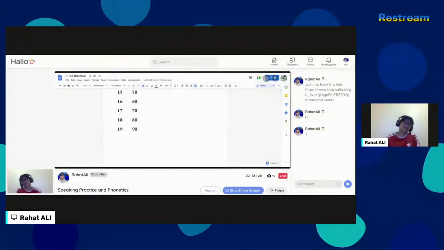British IPA, American IPA. All right, now 80. 80. That's correct. It doesn't change.